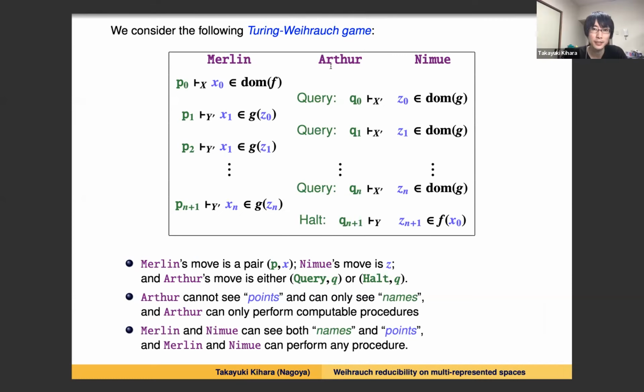At each round, Asa needs to pick the symbol query or hold. If Asa picks the symbol query, then the game continues. But if Asa picks hold, then this means the game halts. So the number of rounds is determined by Asa's strategy.